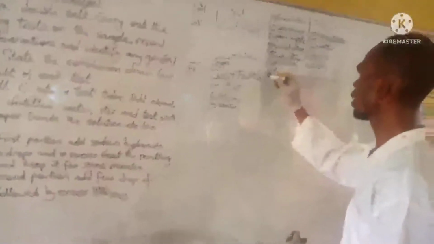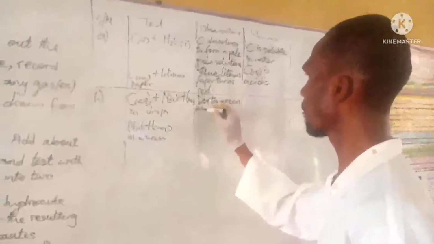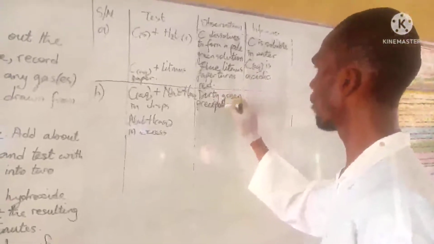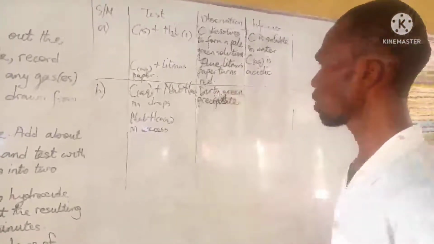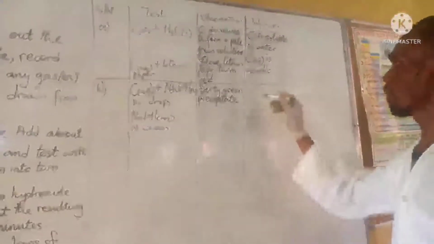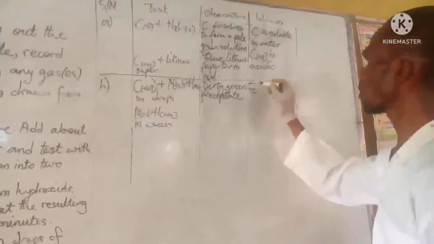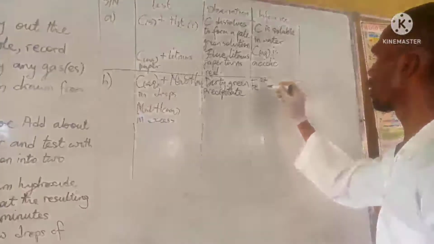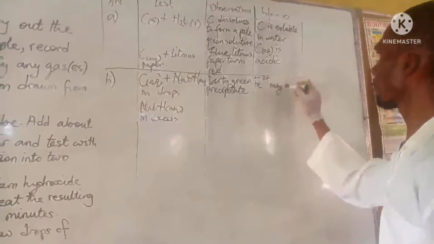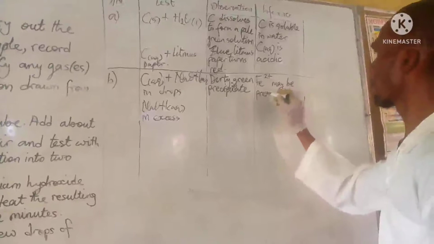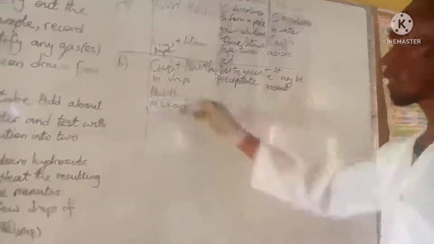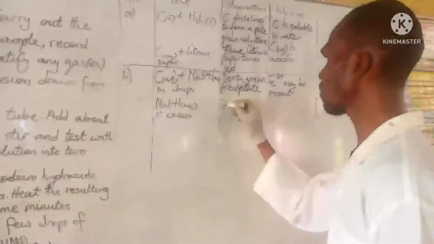First of all, sodium hydroxide in drops: dirty green precipitate. Under the inference, we suspect iron(II) ion may be present. And then we have, in excess, the precipitate remains.